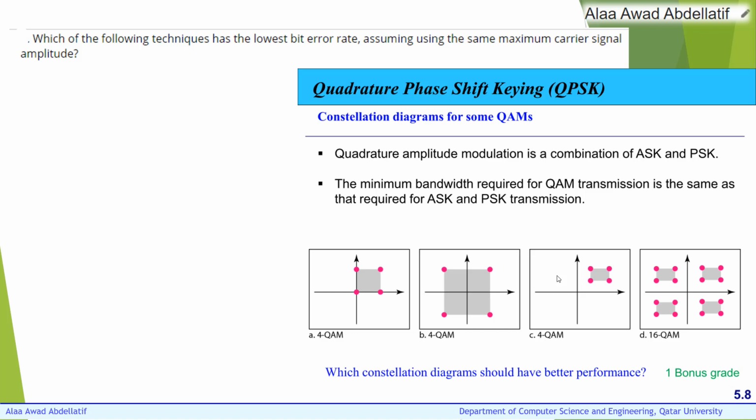But as the number of points increases, or the order of the modulation increases, the error always increases. Okay. So what has the lowest bit error rate is binary PSK, but what has the highest data rates is 16 QAM or 32 QAM and so on. So with increasing the order, I'm increasing the data rate, I'm consuming less bandwidth, but I also increase the error. So please don't get confused with this question again in the midterm.